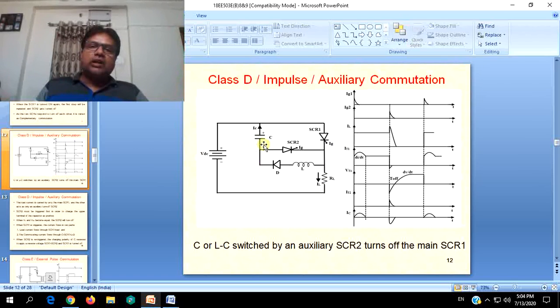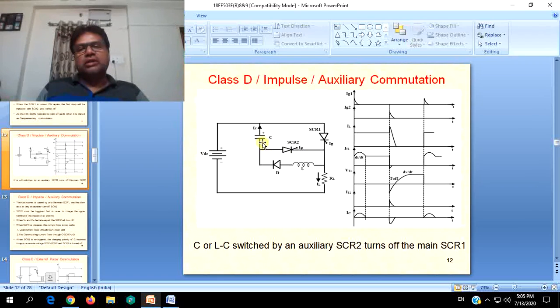The values of the capacitor time constant and the inductance will be chosen such that once the capacitor builds up voltage in the reverse, that is bottom plate positive and upper plate negative, the diode automatically gets reverse biased or turns off, and auxiliary SCR2 will turn on, because its anode is connected to the then positive plate of the capacitor.